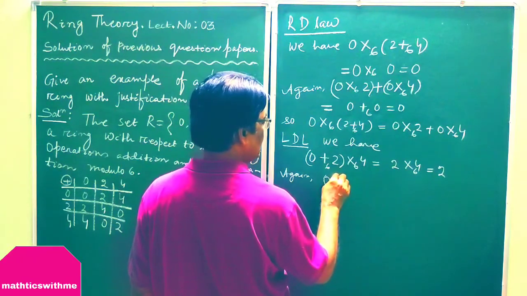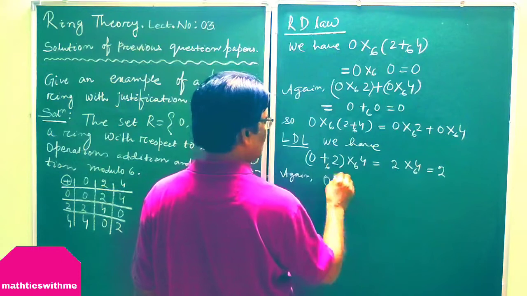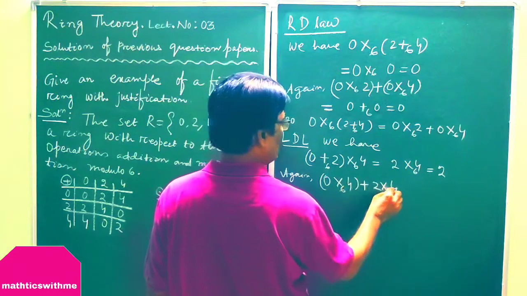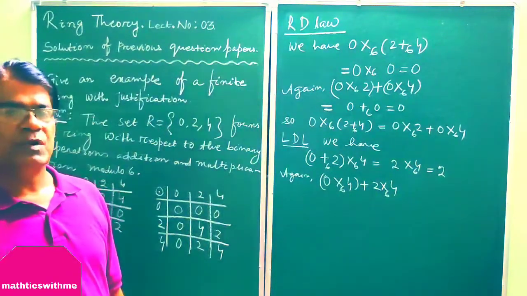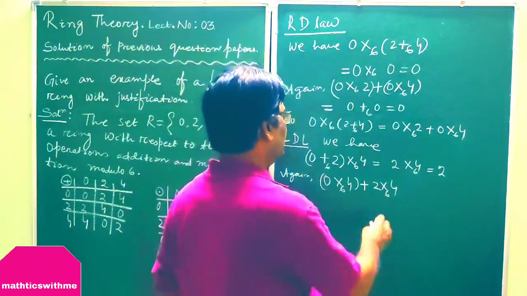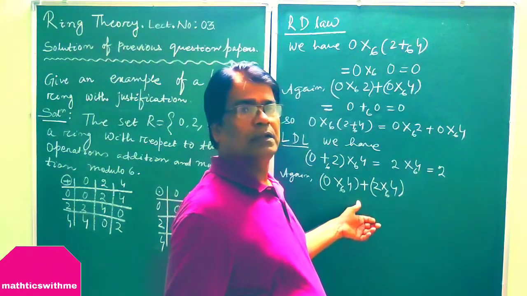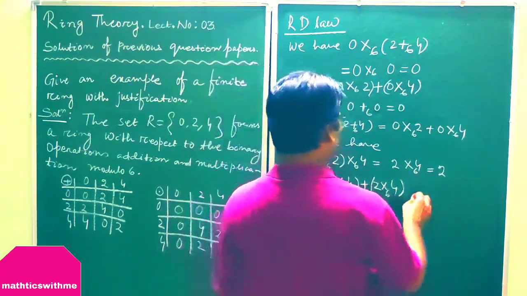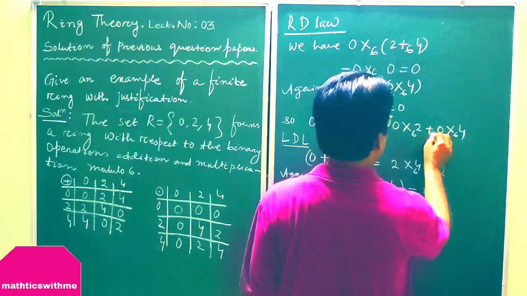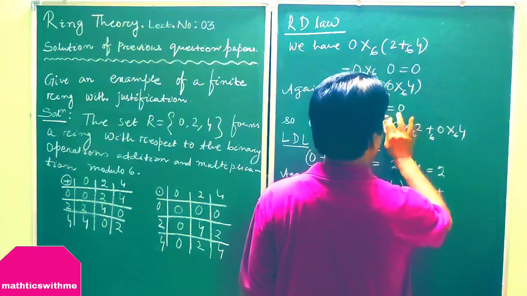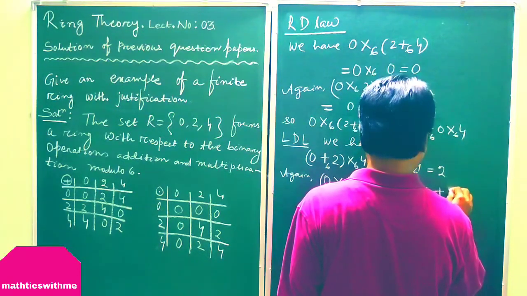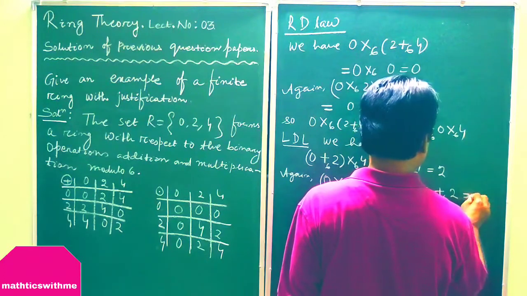Again, 0 into 4 plus 2 into 4 under multiplication modulo 6 is equal to 0 plus 2, which is equal to 2.